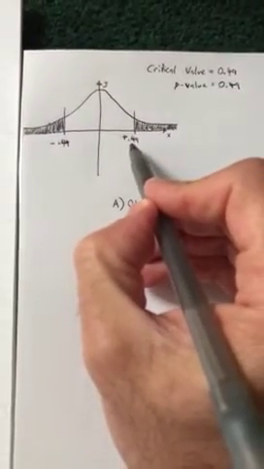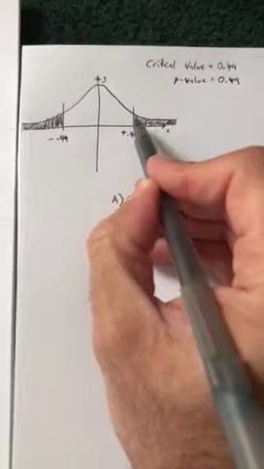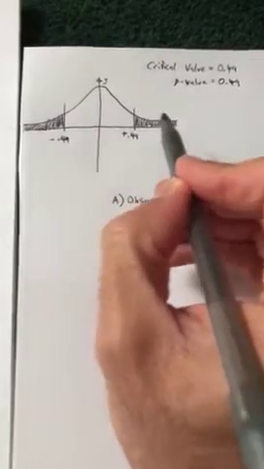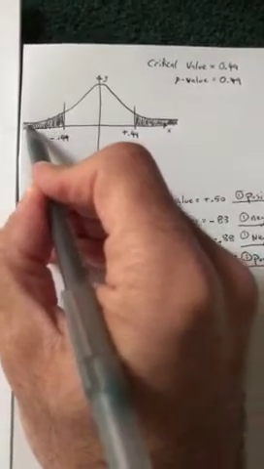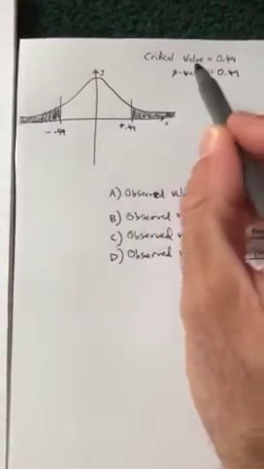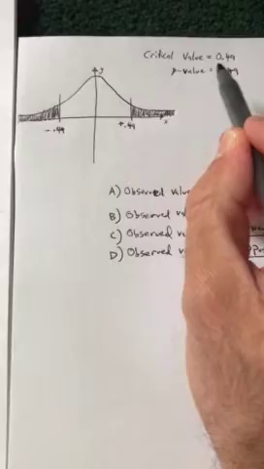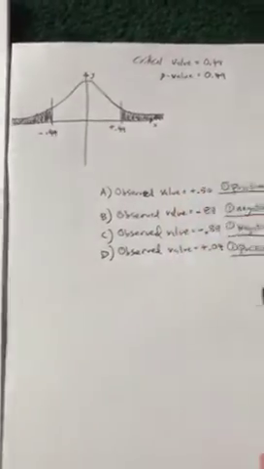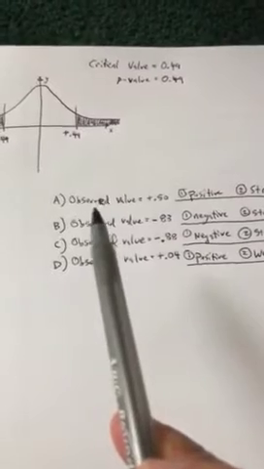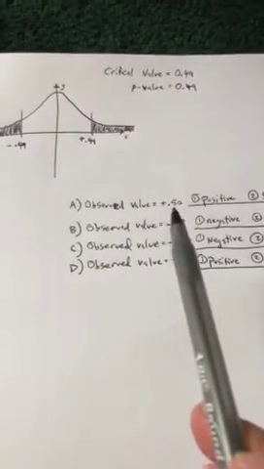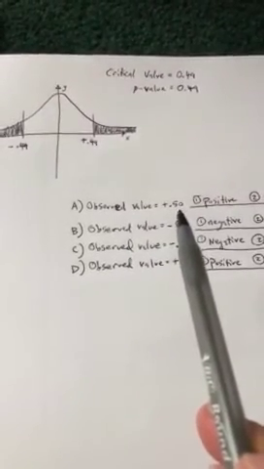So I put positive 0.49 on this side, and then a negative 0.49 on that side, because that is the critical value, okay? Then the problem says they gave an observed value of positive 0.50.